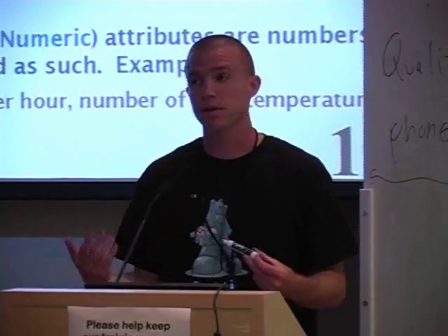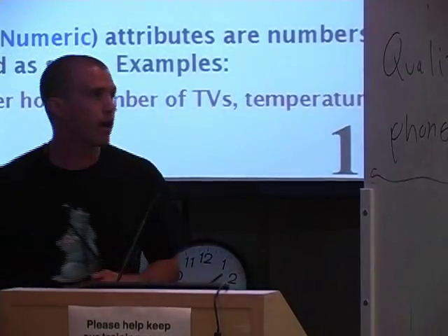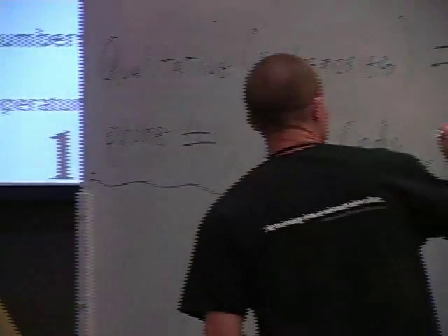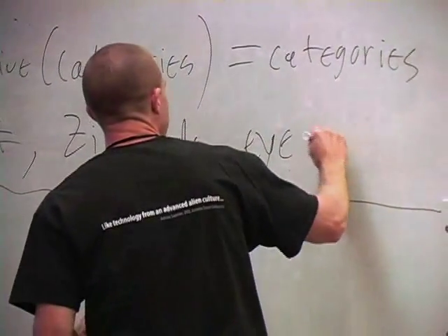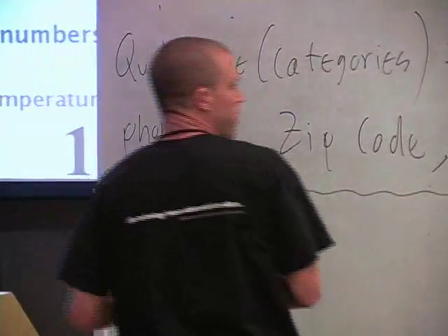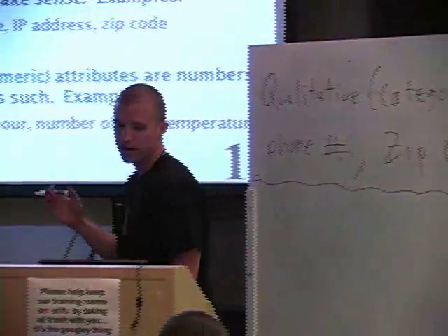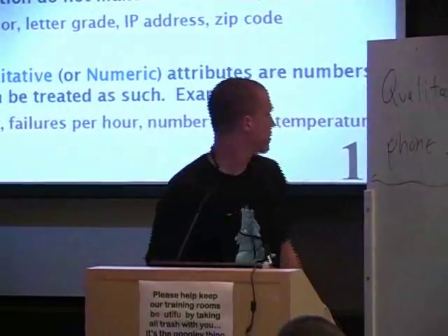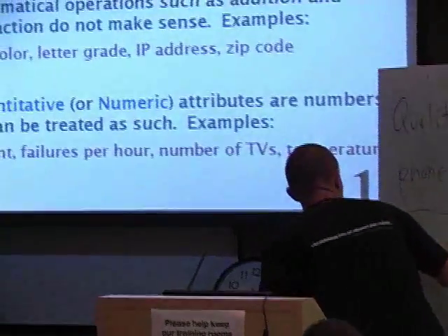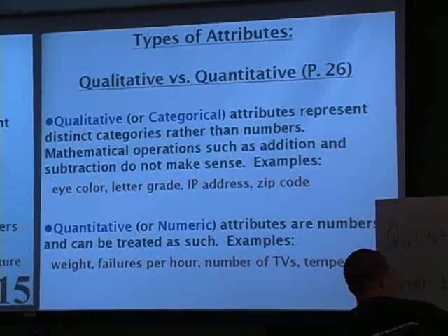So as data becomes electronic, even something like eye color, you code it, brown is 1, blue is 2, green is 3. Your software might assume that's actually a number, and it's not. So you have to be careful about that distinction. And then, of course, the other one, which is what your book calls quantitative, that's simply numeric.